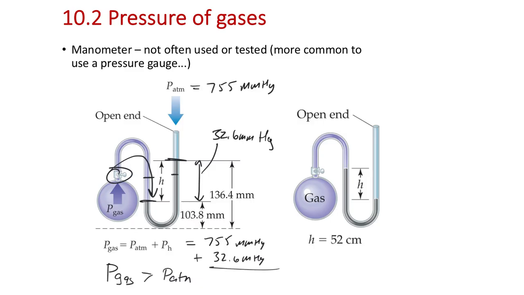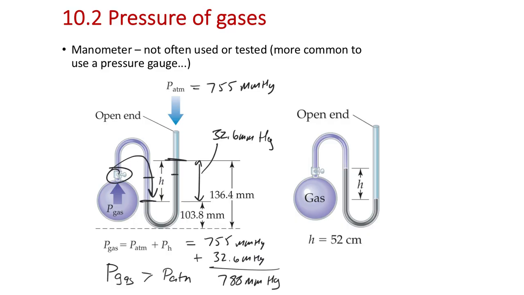So the column has two pressures acting on it, the gas sample and the atmosphere. The gas sample is pressing down by a greater quantity. So that's showing that our gas sample is above atmospheric pressure. For this example, that would end up at a pressure of 788 millimeters of mercury.